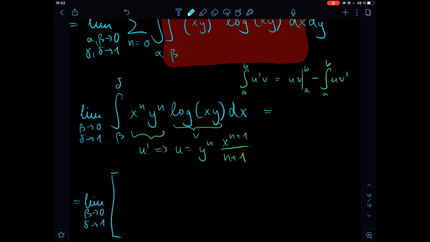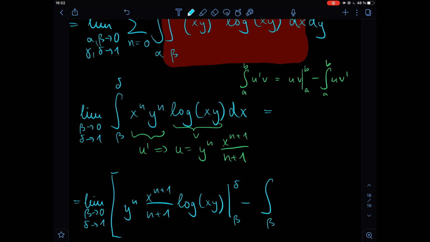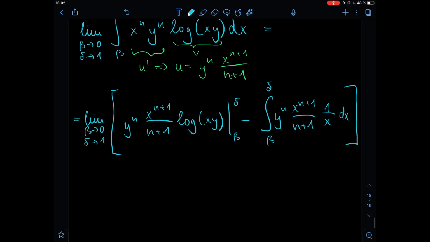And the first term we get is y to the power of n, x to the power of n plus 1 divided by n plus 1 times the log of xy, and the whole thing evaluated at delta and beta, minus the next integral goes from beta to delta, and now we have u, which is y to the power of n, x to the power of n plus 1 divided by n plus 1 times the derivative of the log, which is just 1 over x dx, and we close the brackets.